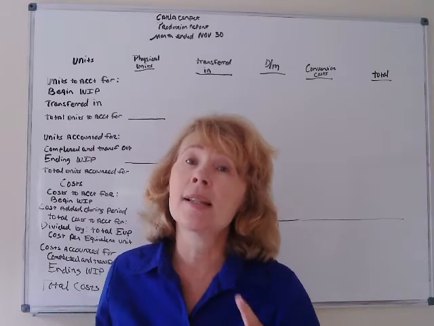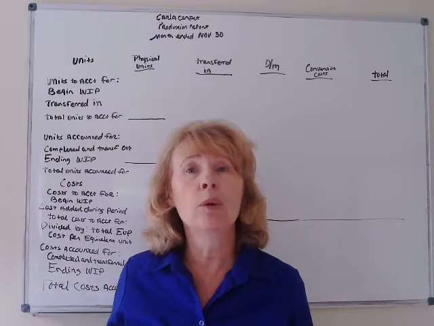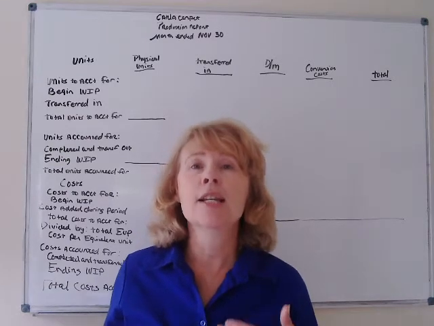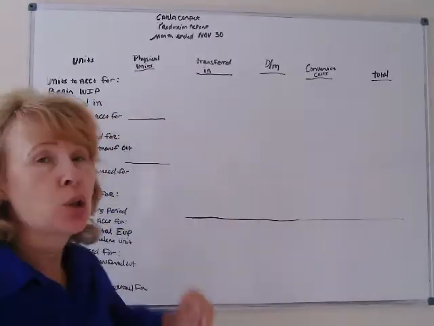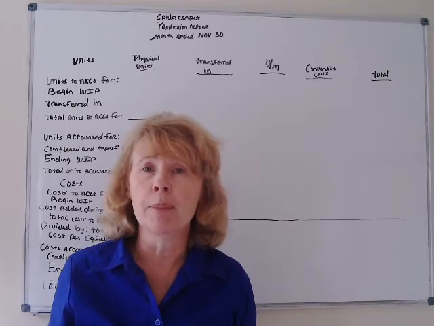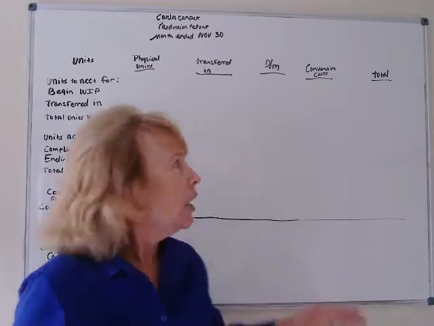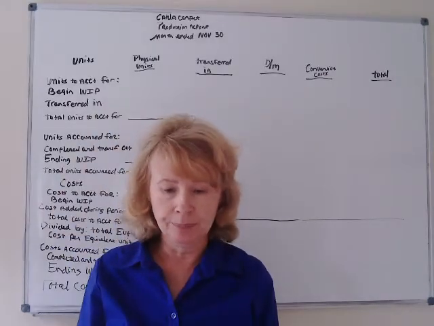So let me point this out to you because you'll do 2 different problems. One will be the first department. This one is the second. You're going to have transferred in. If you're working on the first department, you won't have that. So we're on the second department, we're going to have transferred in.